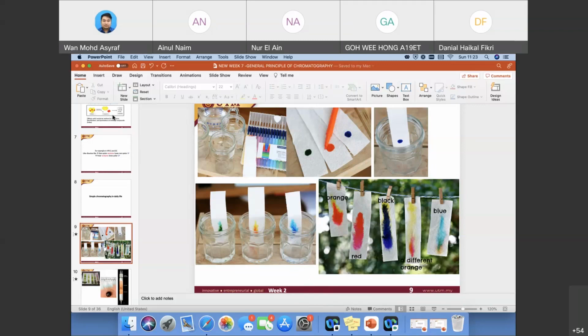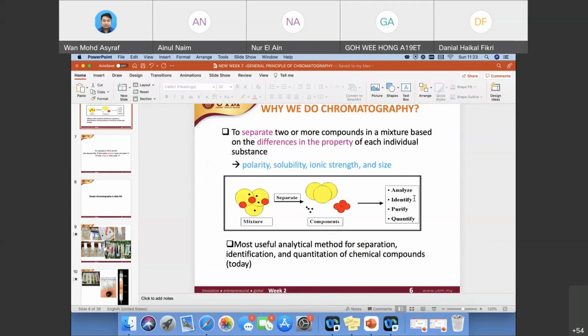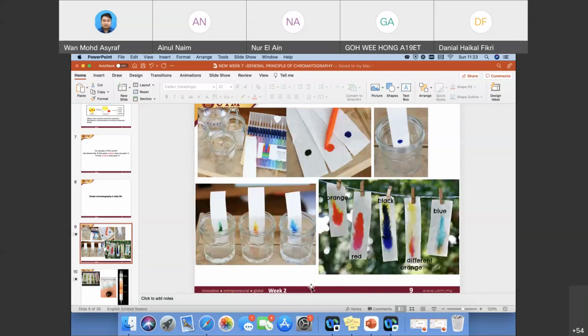Based on this polarity, solubility, ionic strength and size, these differences will create a separation where you can see that the pink one will just stay at the bottom while the yellow one moves with the mobile phase upwards. Okay, this is the simplest chromatography.